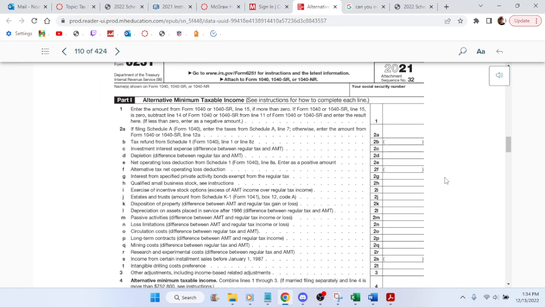Schedule A. Net operating loss reduction. Alternative tax net operating loss reduction, interest from specified private activity bonds.